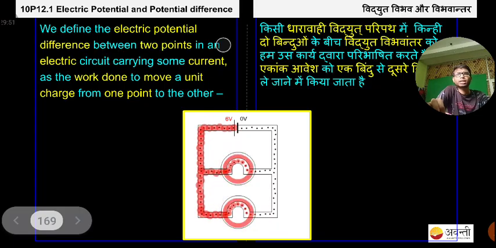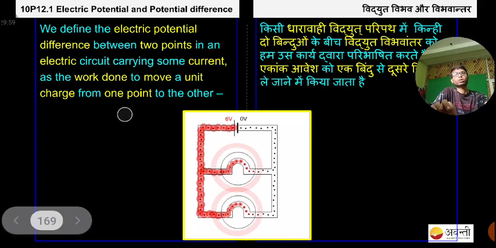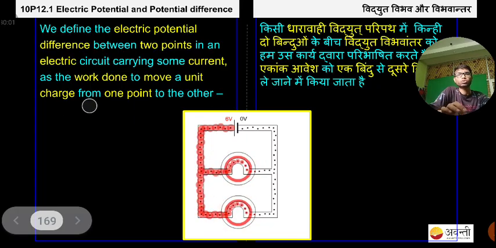We define the electric potential difference between 2 points. We take 2 points in any current-carrying conductor as the work done to move a unit charge from one point to another.